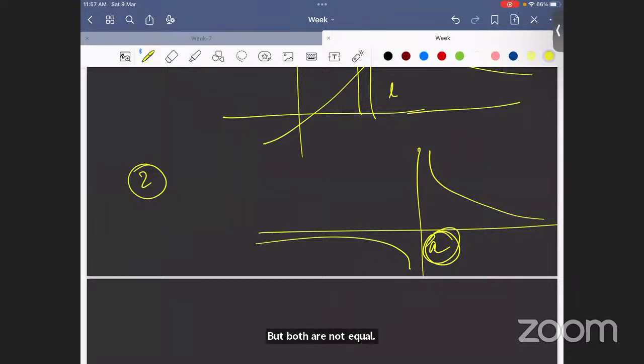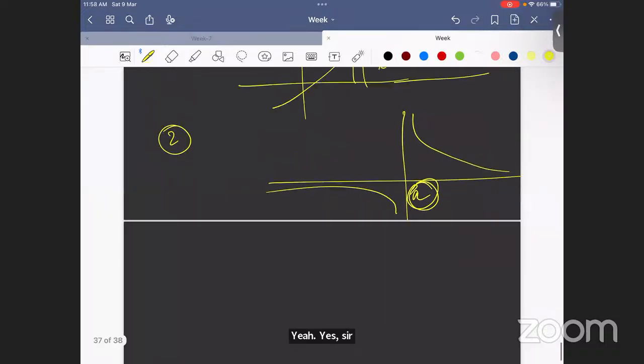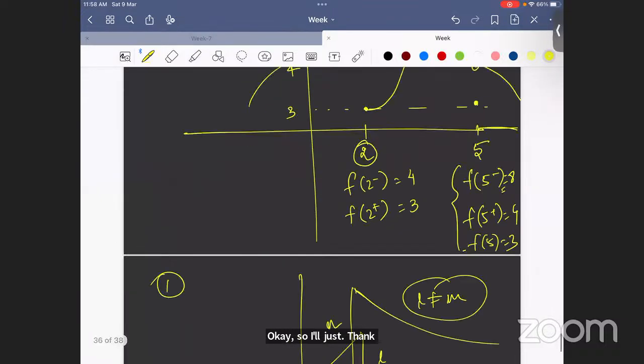The first and second cases both have the similarity that the right hand and left hand limits are not equal. Here also, the left hand and right hand limits are not equal, so you can directly say that the limit doesn't exist. Yes, sir. Okay, I'll give you some more examples about the limit.